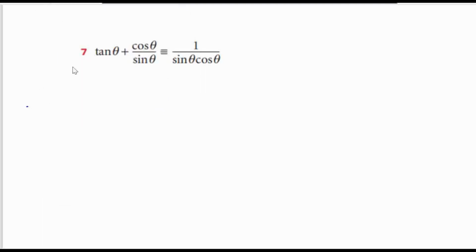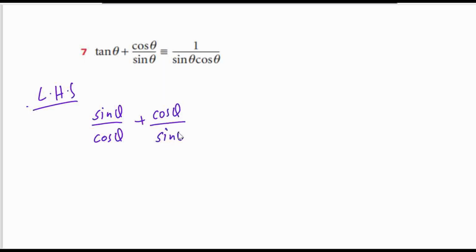Now in this one again, we have to take the left hand side and move towards the right hand side. So tan theta is equal to sine theta by cos theta plus cos theta by sine theta.